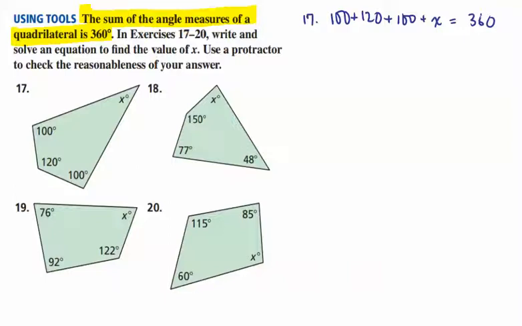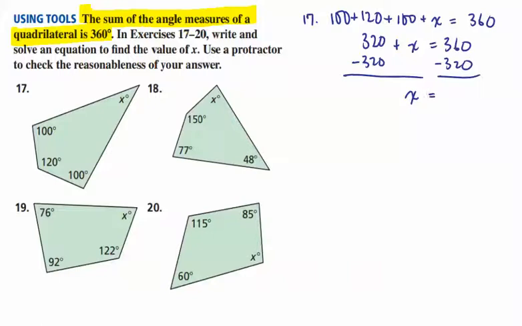When we add together, we're going to get 320 plus x is equal to 360, combining like terms on the left side. If we subtract 320 using the subtraction property of equality that we learned about in this section, we end up with x is equal to 40 degrees.